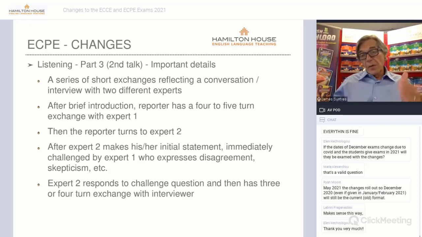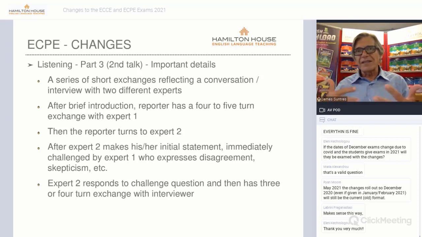Then the reporter turns his or her attention to expert 2 and asks a question. Expert 2 responds, and then expert 1 challenges expert 2 immediately, expressing some sort of disagreement or skepticism, tying in with the speaking. That's what happens between parts 4 and 5 of the speaking, right?